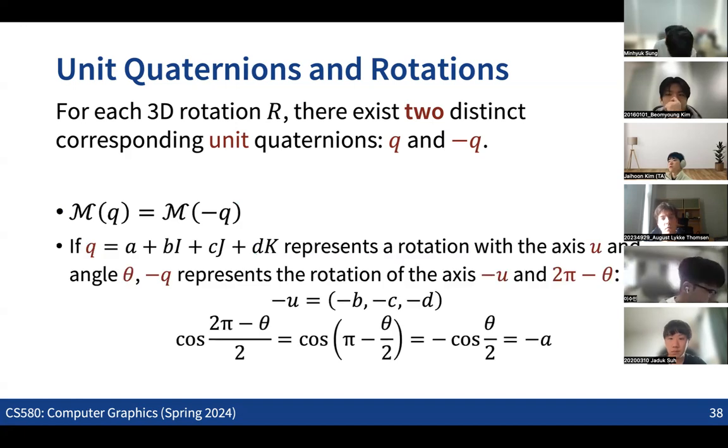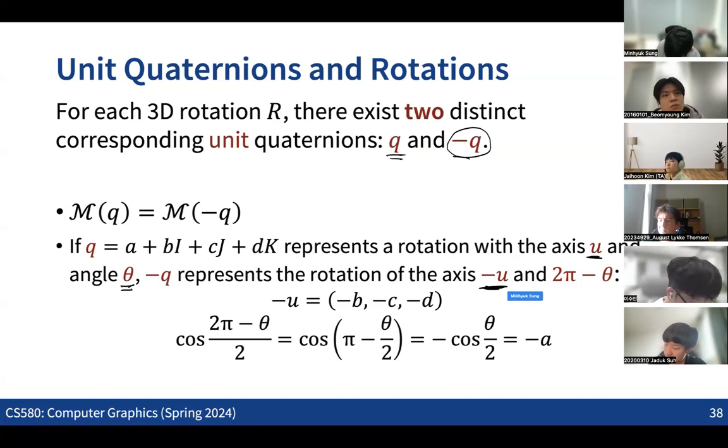If you derive all of this, you can see that when Q represents the rotation about the axis u with the angle theta, then minus Q is a unique quaternion that represents the rotation about the axis minus u with the angle 2 pi minus theta.